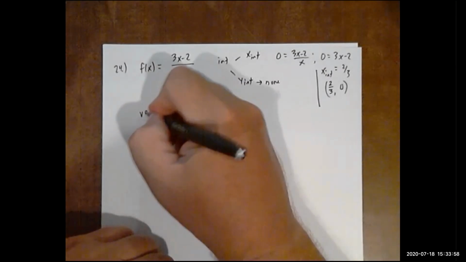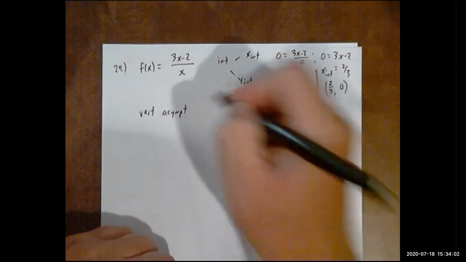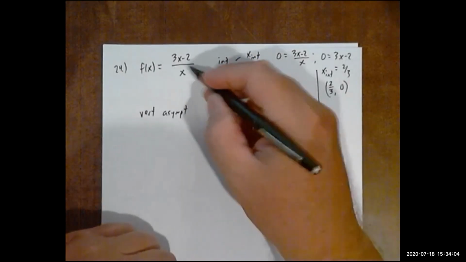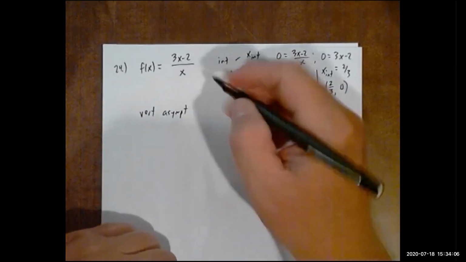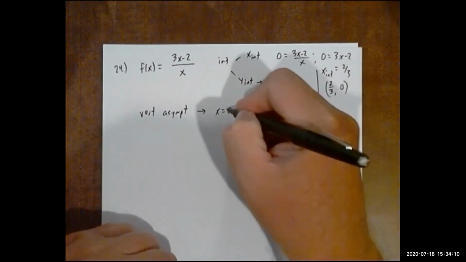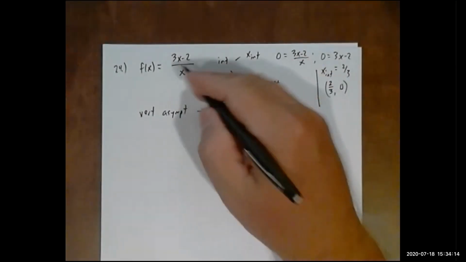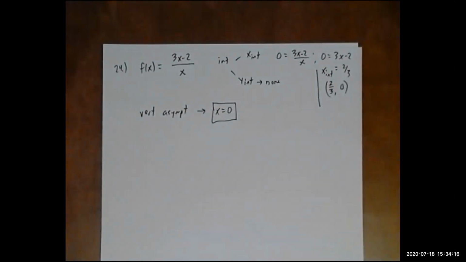How about vertical asymptotes? Look at this denominator. What value of x would cause the denominator to be 0? Once again, vertical asymptotes, I don't even care about the numerator. I sort of ignore it. All I care about is the denominator.